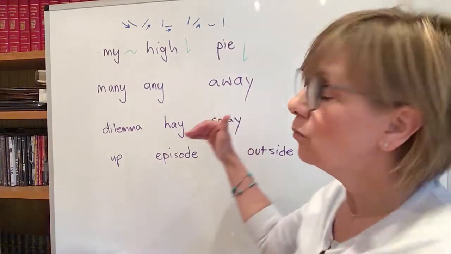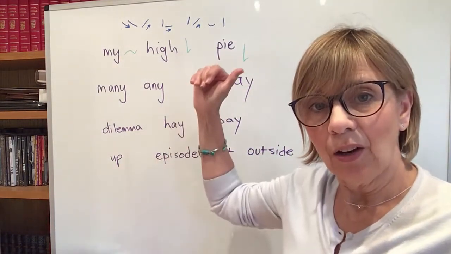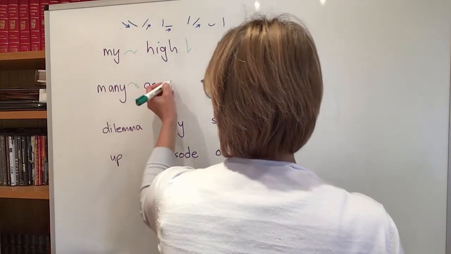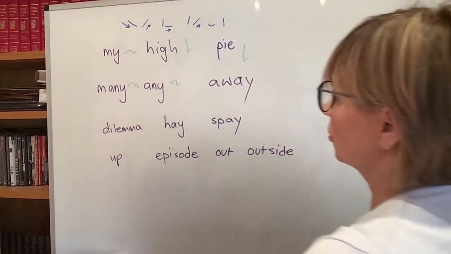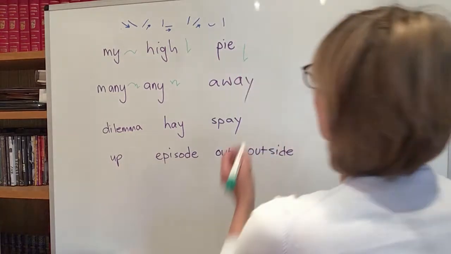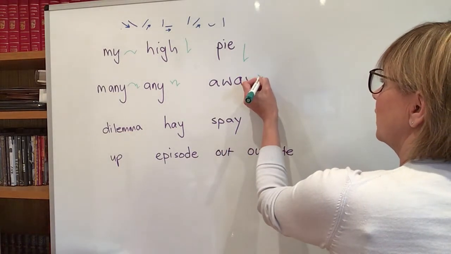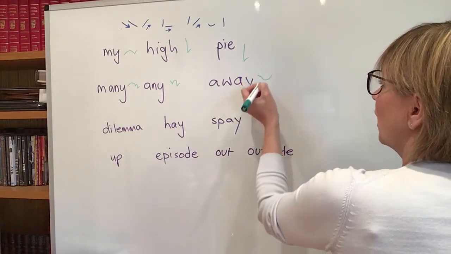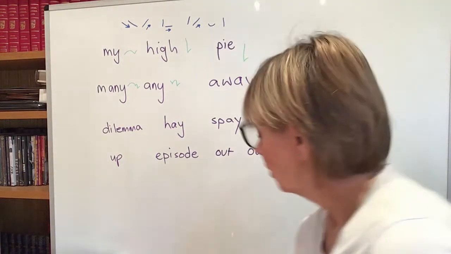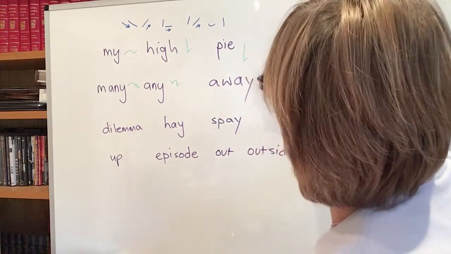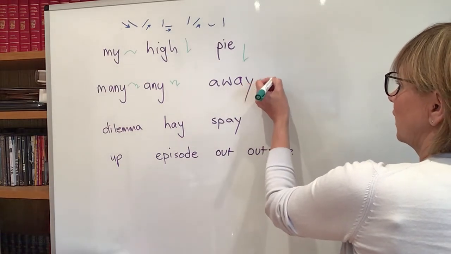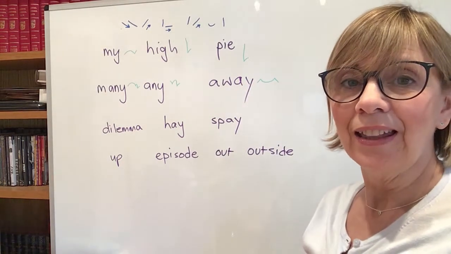And because it's a downward letter with the I going upwards, after N as well, many, any, it's easier to do the I upwards. Away, you can see that if you wrote the A and then the W with the A at the end, this A at speed would merge into the W. So away, upwards at the beginning, downward A at the end.